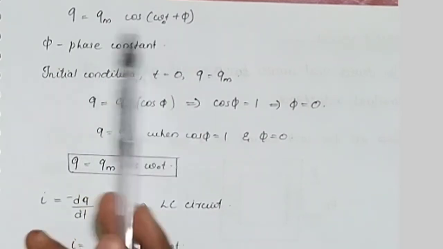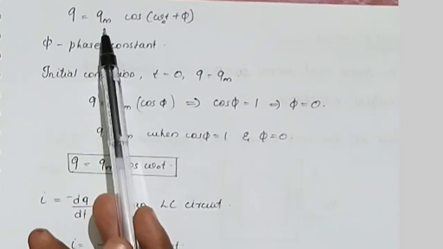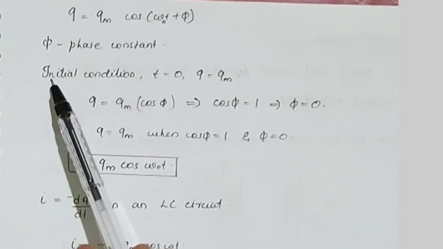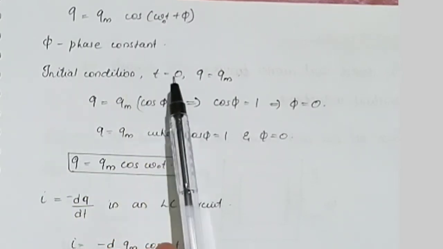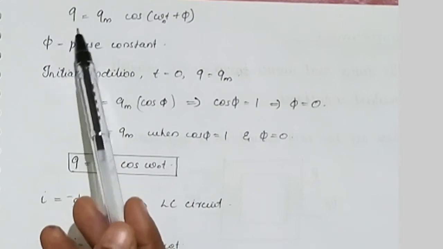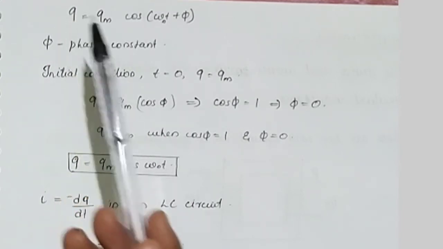To know the value of φ, we use the initial condition, that is, at time t = 0, q is at its maximum value qm.